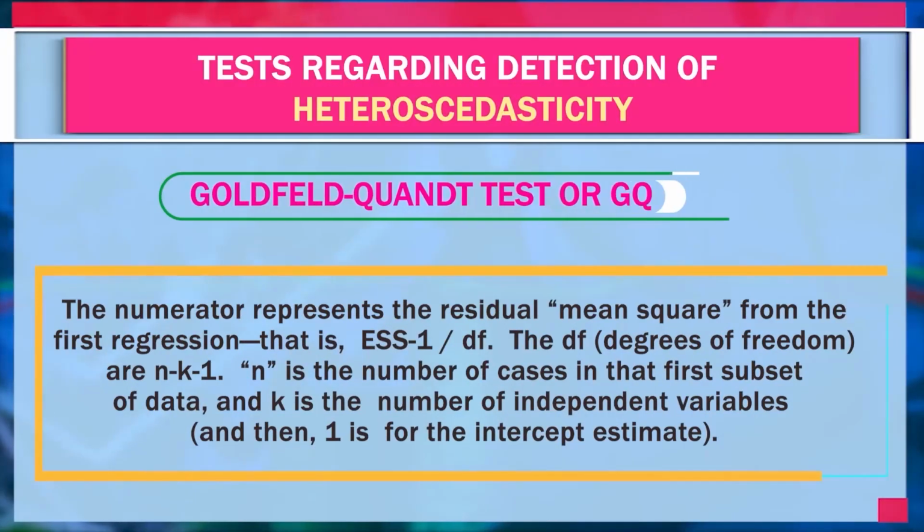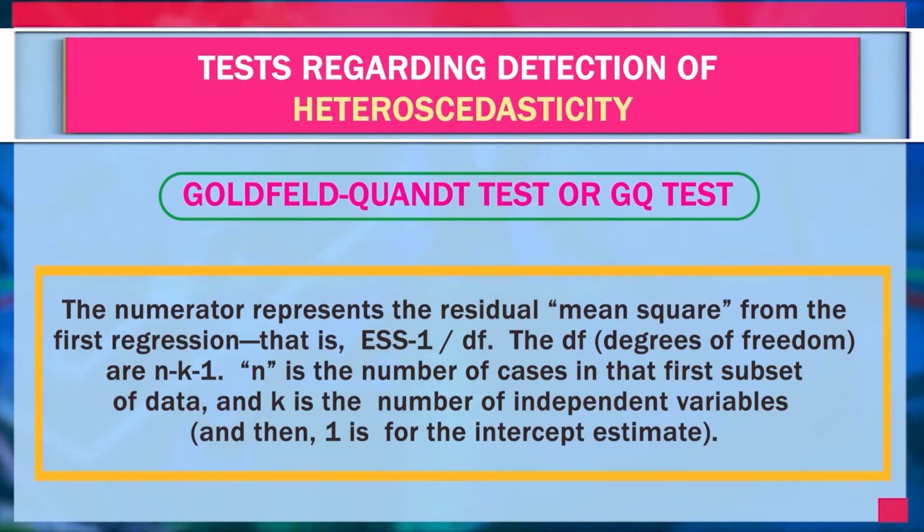Now we look at how the interpretation is to be done. First of all, we look at the expression of the test statistic in this slide, which is GQ equals sigma 1 square by sigma 2 square. We will concentrate on the numerator and the denominator separately.